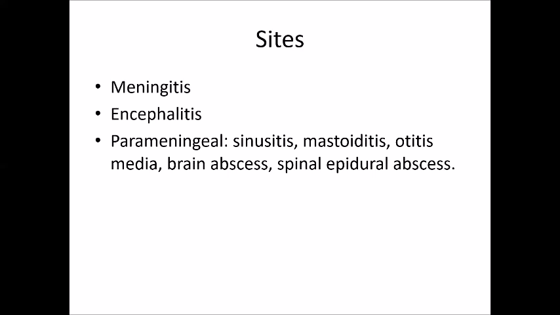So now we'll speak about CNS infections. I want you to think about it in this way. The main sites of inflammation are either the meninges, or the brain parenchyma, or the parameningeal structures, whether they are the paranasal sinuses, or the mastoid, or the middle ear or inner ear, or brain abscesses.